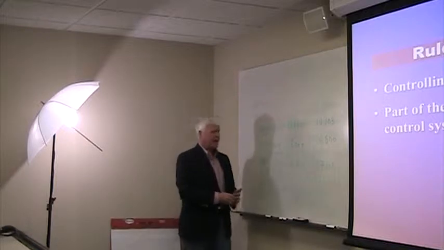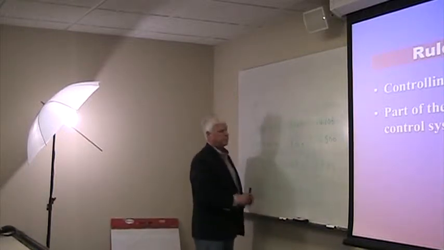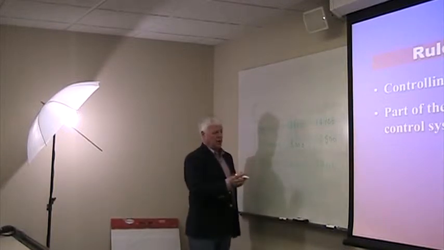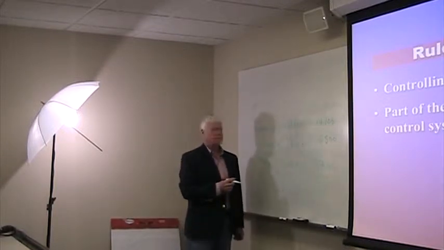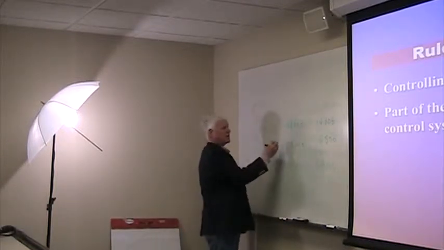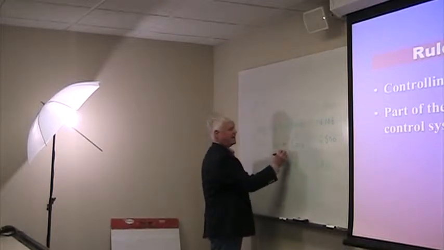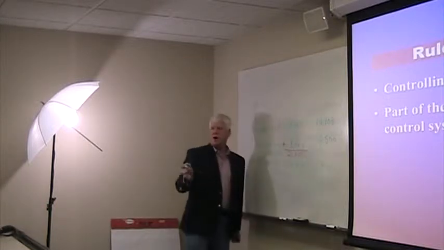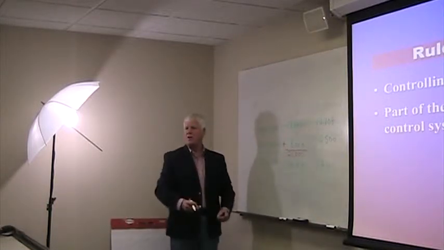How much is our food cost? You take this plus that, and you'd have $21,000 in food items that you've paid out in invoices.